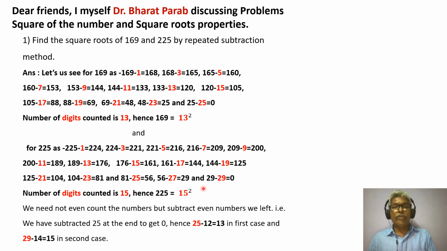Now here we need not even count the numbers. We can count the even numbers we left. In this case, the last number is 25, so we have left 12 even numbers. That is, we have 25 at the end to get 0, hence 25 minus 12 is 13 in the first case, and 29 minus 14 is equal to 15 in the second case.